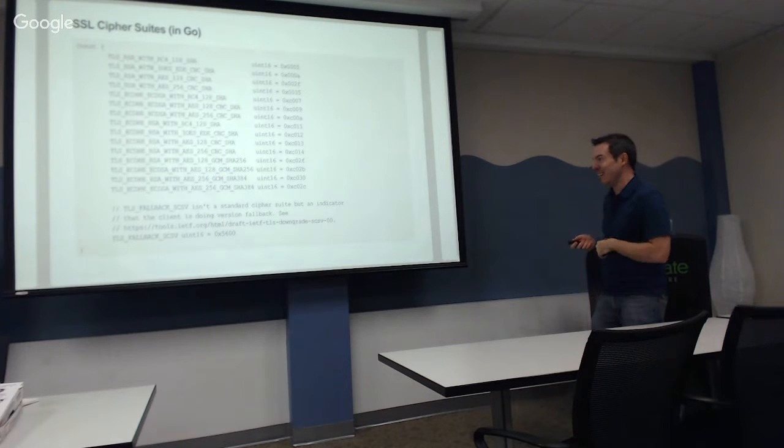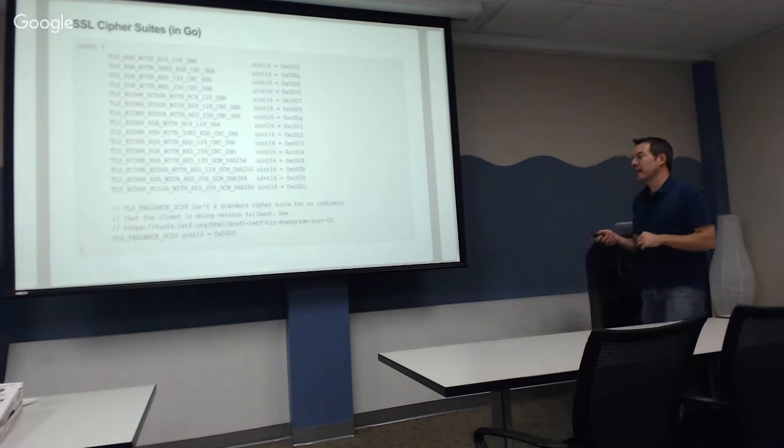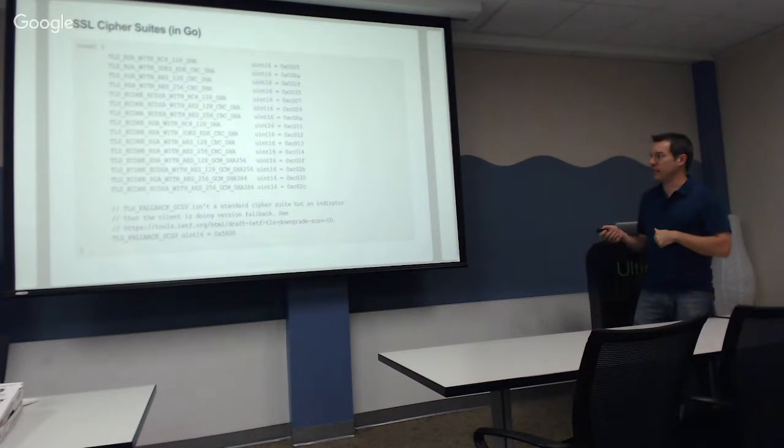I didn't know their names, poor guys. But that's all the ephemeral stuff, and there are different kinds of DSA, RSAs, and this is the actual encryption used after the handshake. And then the GCM and the CBCs and the SHA are the message integrity checks.